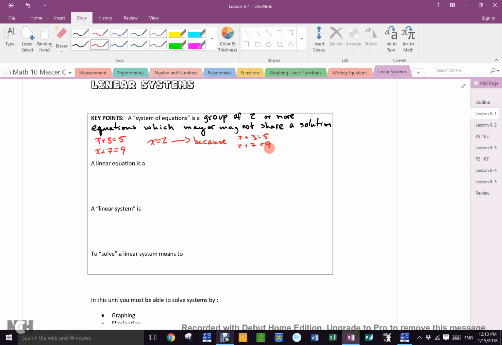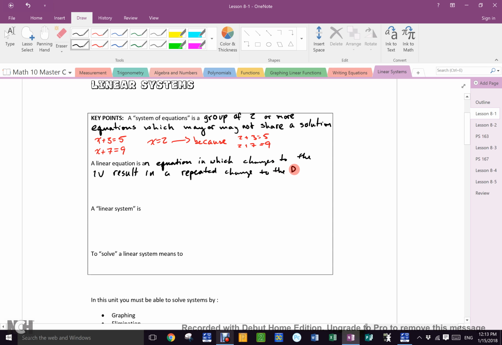A linear equation should be an, not a, Mr. Myers with your bad typing. An equation in which changes to the IV result in a repeated change to the DV.